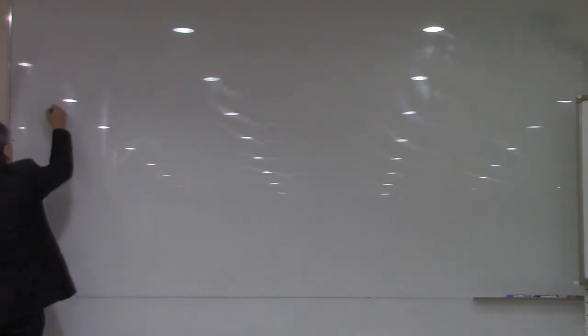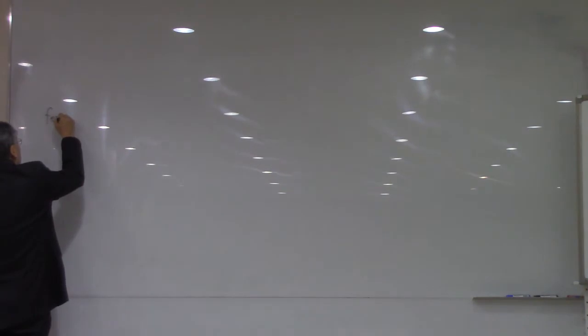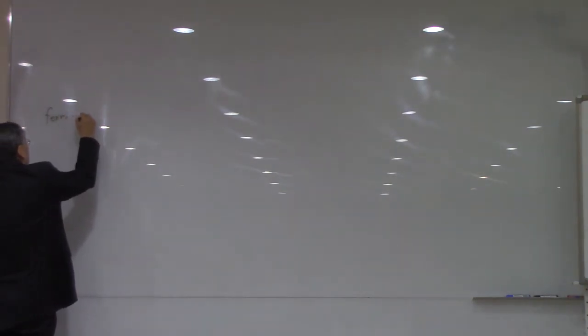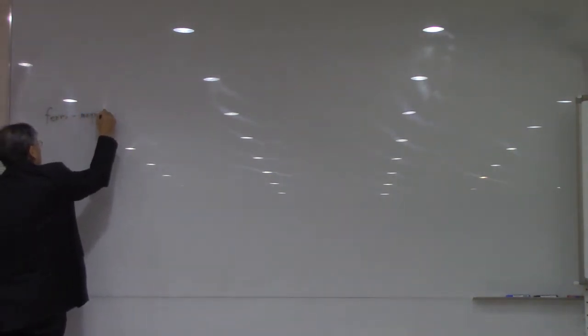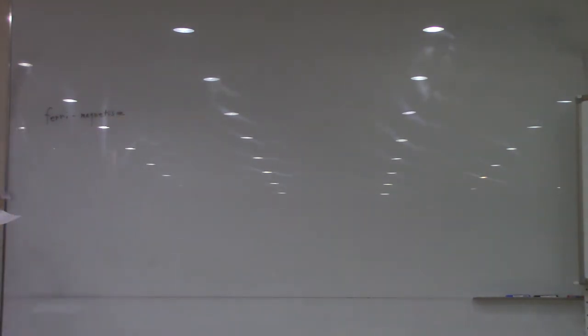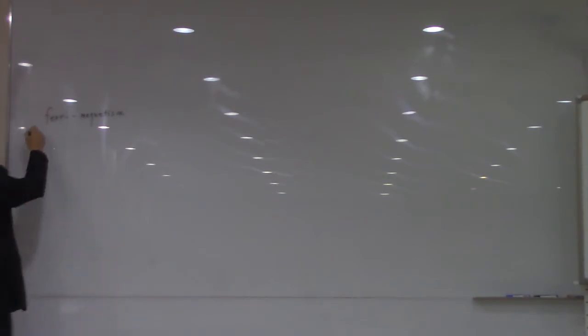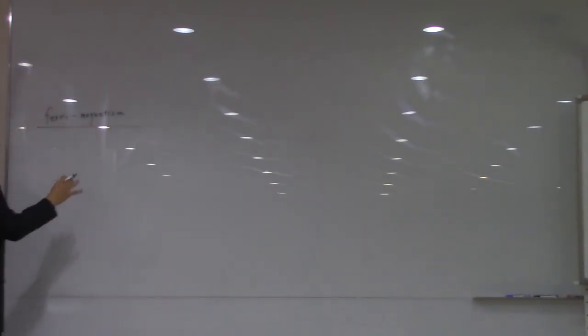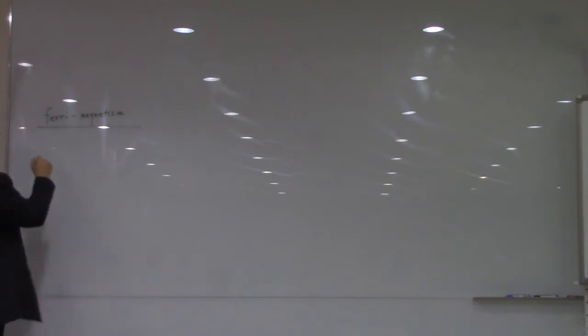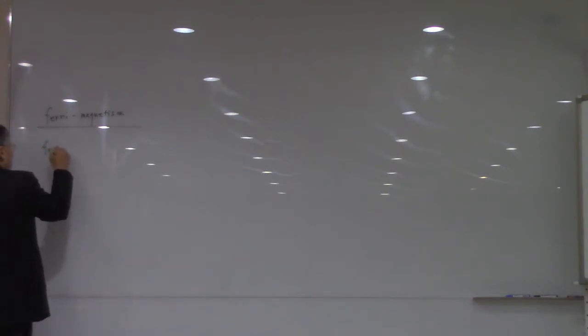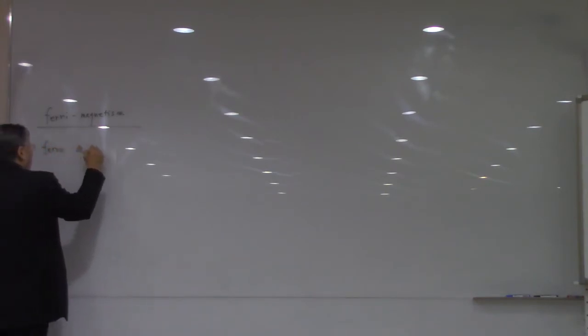Now, the ferrimagnetism, okay? The ferrimagnetism is a complex of ferro and anti-ferro.